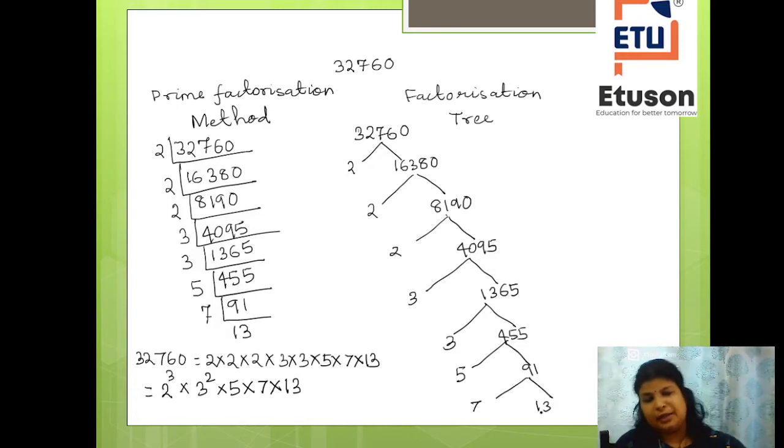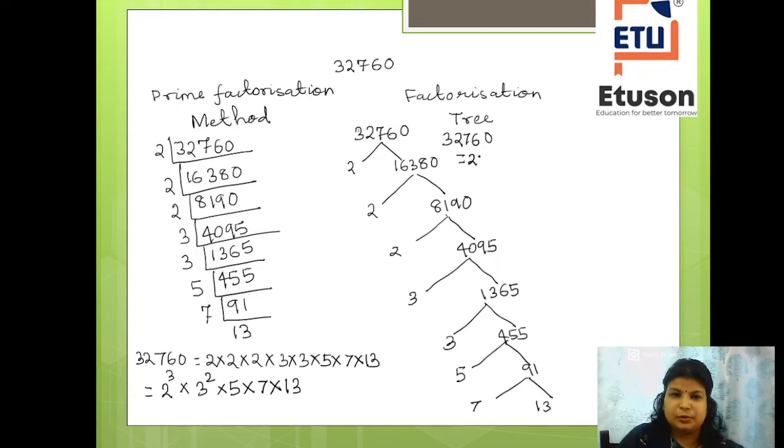Maximum what you can do? 13 into 1. So what are the prime factors of 32,760? So you can just write down here, 32,760 is equal to 2 into 2 into 2 into 3 into 3 into 5 into 7 into 13. Now compare this value with that value.